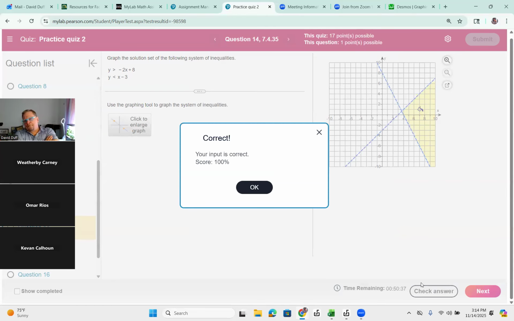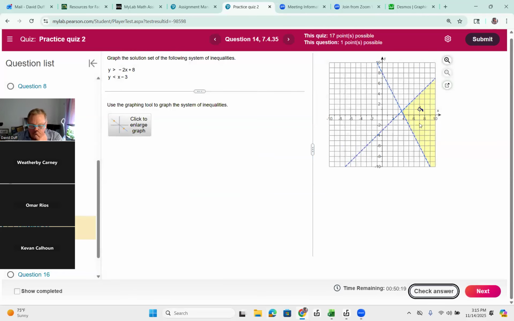So there is another way to figure out which of these four regions you're in. But I think that way is much harder. You can actually select a test point, right? So in other words, if we wanted to verify that we're in this quadrant right here, this yellow area, we could just pick a point that's in the shaded region.